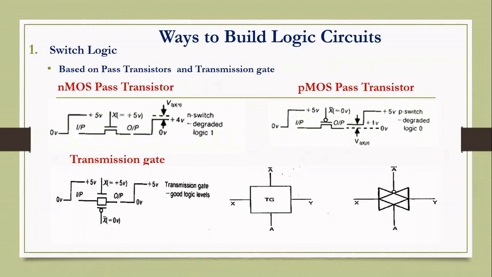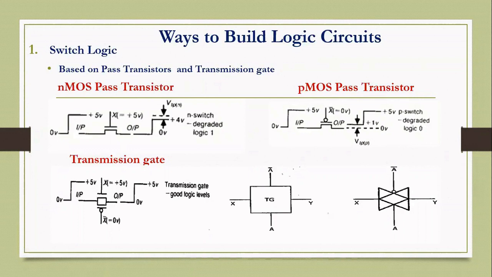It will be acting like an open switch. Then the output will be at high impedance. Later on, we'll apply logic 1 for X and logic 0 for X bar, so that the transmission gate will be on. Later on, we'll apply logic 0 at the pass input, so that we'll get logic 0 at the output.